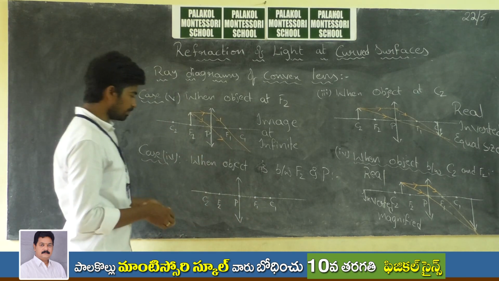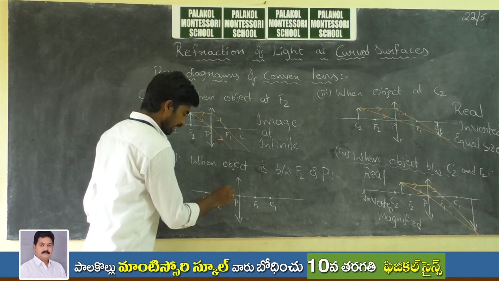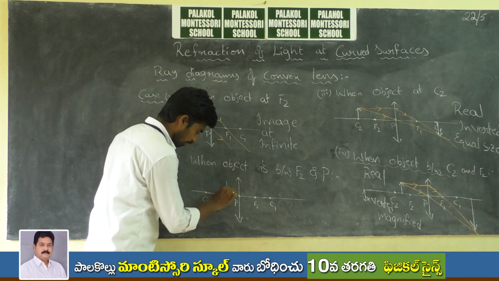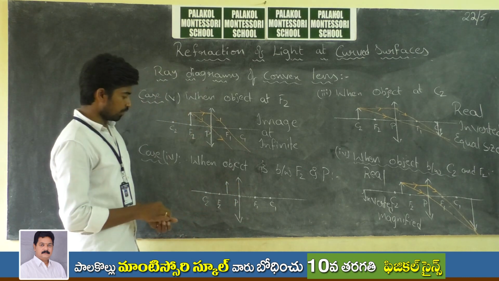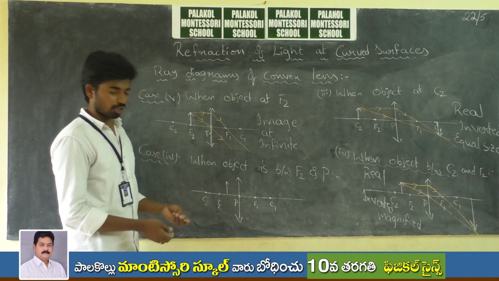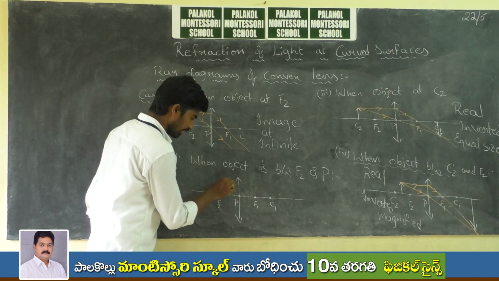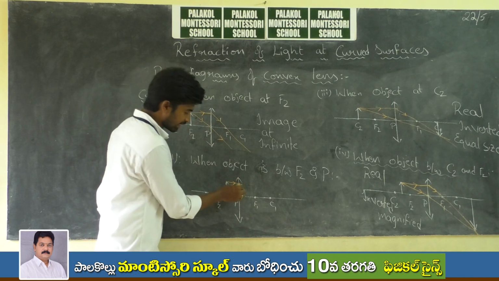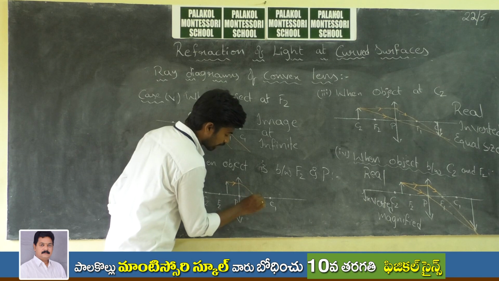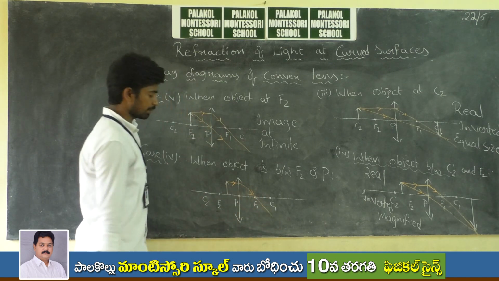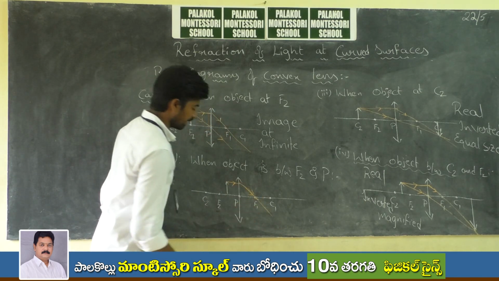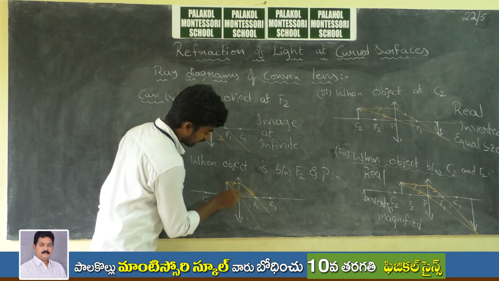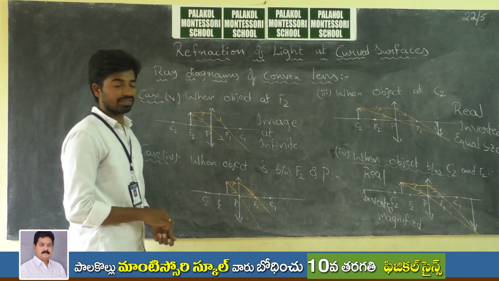Now place an object between focus point F2 and pole. Let's draw a ray diagram for this object. Consider a light ray parallel to the principal axis; it will pass through the focus point. And consider the light ray passing through the pole; it follows an undeviated path.